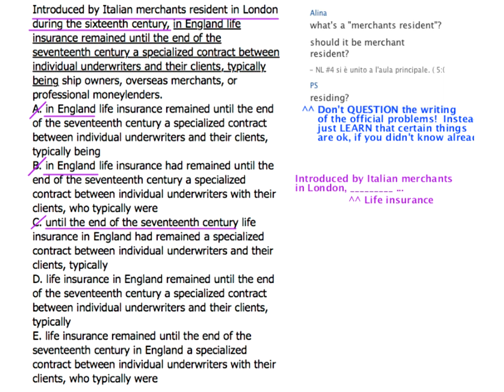So be aware of that. Even sticking something like "in England" or "until the end of the 17th," even that, in the eyes of GMAC, at least as far as we've seen in previous problems, has been enough to justify elimination.